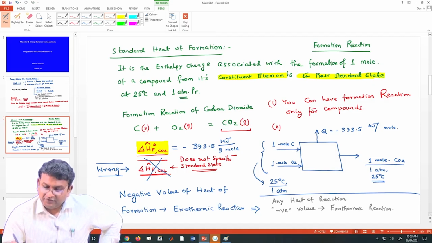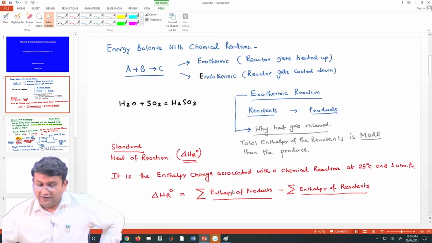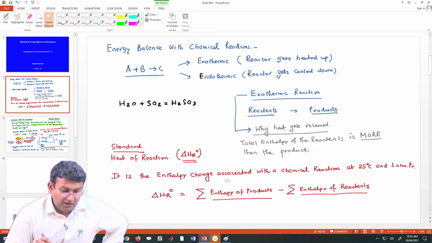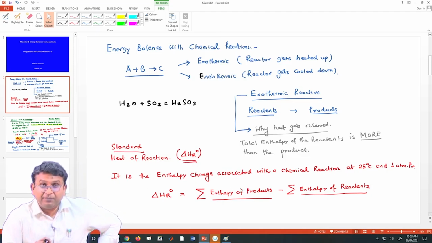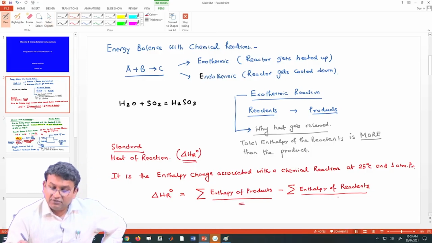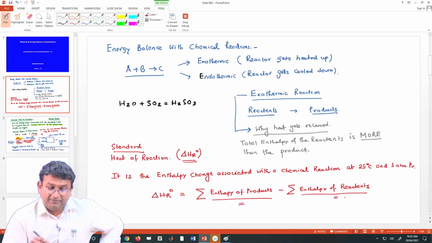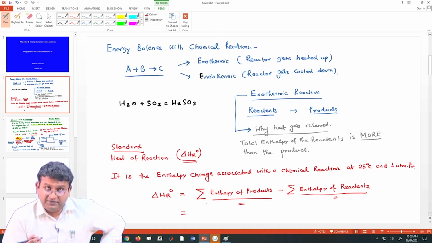And why is it so? It is because you see the way heat of reaction is defined. It is the total enthalpy of the products, right, minus total enthalpy of the reactants. And now, probably you can understand, once you already know the heat of formation.